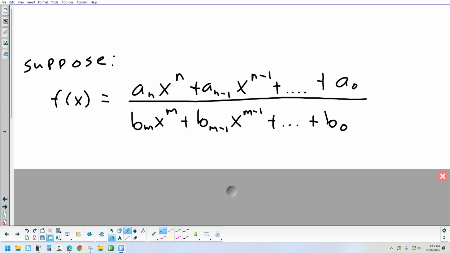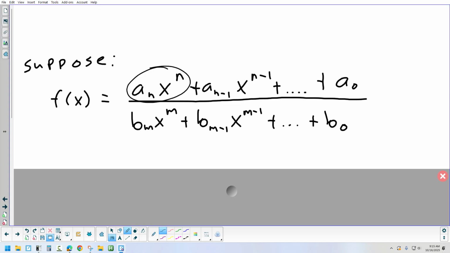It would be like the a sub n times x to the nth power. To the nth power, yes. That's the end behavior model of what's in the top. That's the highest term. It's the term with the highest exponent.